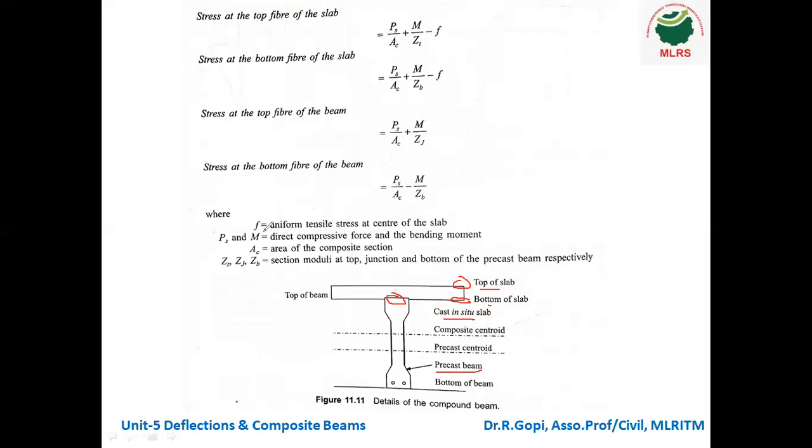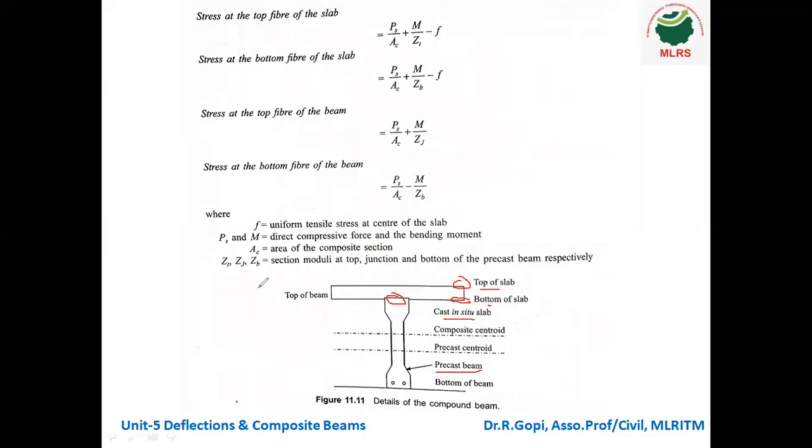F is the uniform tensile stress at the center of the slab. Ps and M are the direct compressive force and the bending moment. Ac is the total area of the composite section.